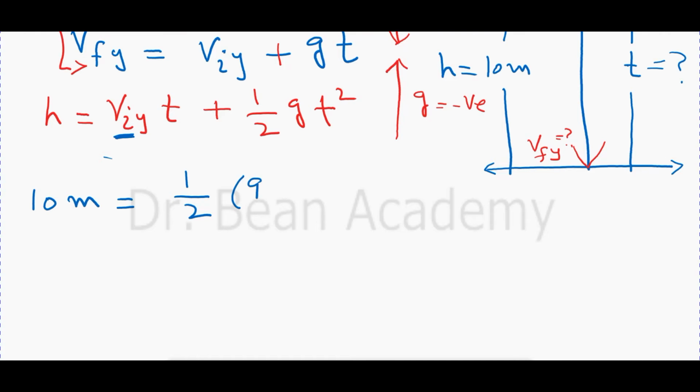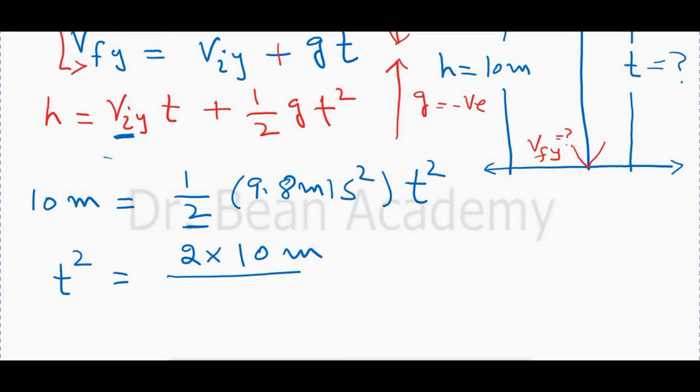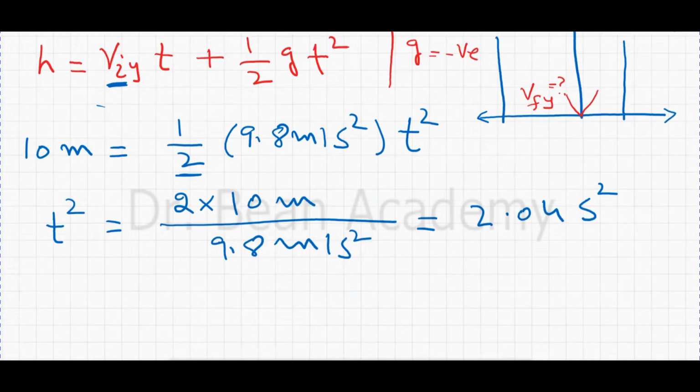h equals 1 by 2 into 9.8 meter per second squared into t squared. So t squared is equal to 10 meters, and I will take this 2 to the other side, so it will be multiplied, and I will divide the equation by 9.8 meter per second squared, and t squared is equal to 2.04 second squared.